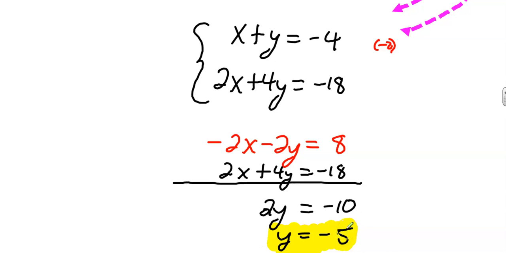Okay, and since this came out of this 2 by 2, now we're going to take that -5 and plug it back into either one of these two equations to find out what the x value would be. And just because we don't have to multiply, I'd say let's go with the first equation, because you've got x plus y equals -4.